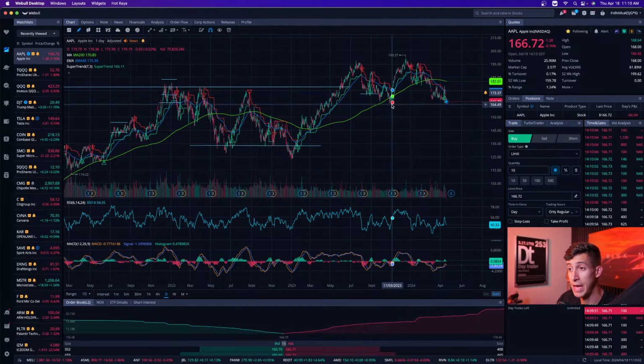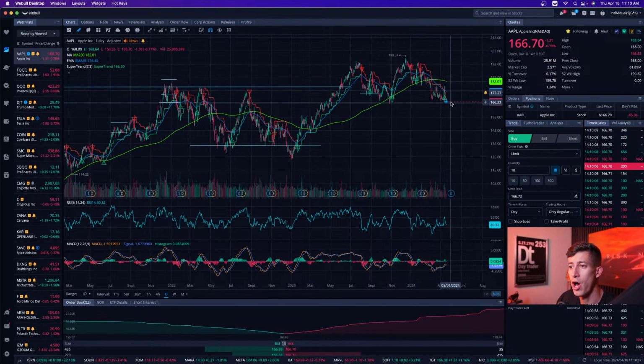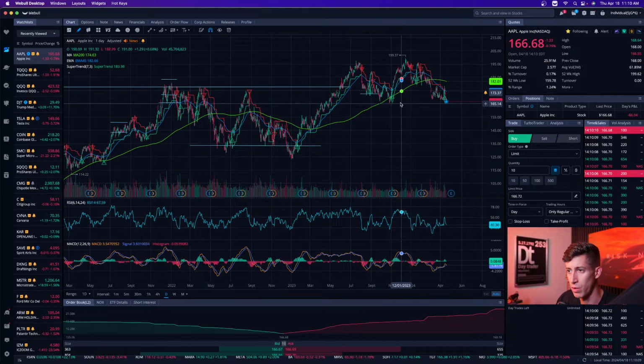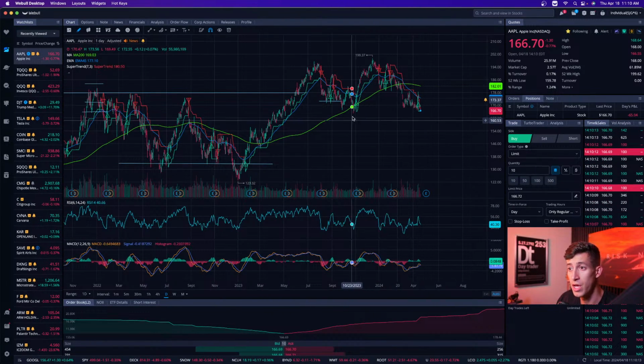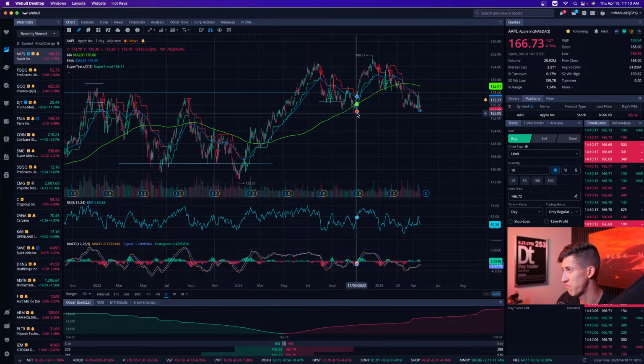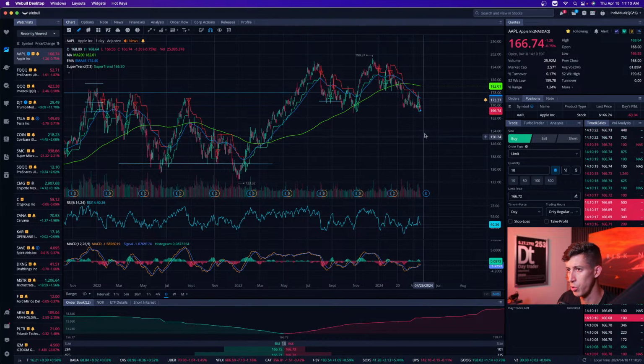Now, just because it's bounced here before doesn't mean that it has to bounce here again. It just means that it possibly can. That's why we're bringing it up right now, where patterns tend to repeat themselves. They don't always have to. If we do end up breaking this 165 support, then be ready for that break of support. We could potentially form lower lows and lower highs.